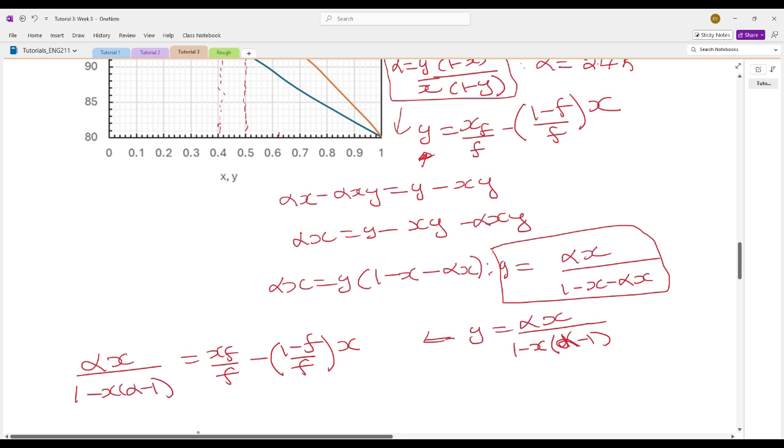So we have alpha, we have x of, we have f, and from there all we need to calculate is just x. So using this equation you can get the value of x. For this case x should be equal to 0.412.